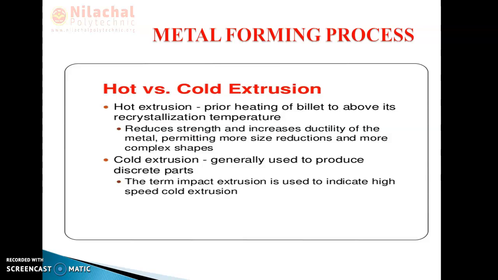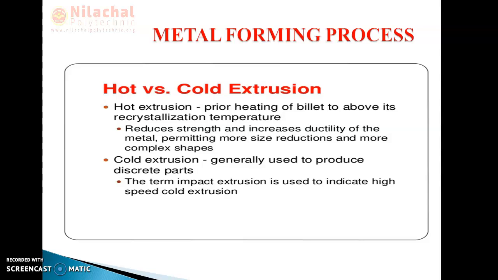As the work material is heated above its recrystallization temperature, it is put inside the chamber and forced out through the die. It is simply named the hot extrusion process.